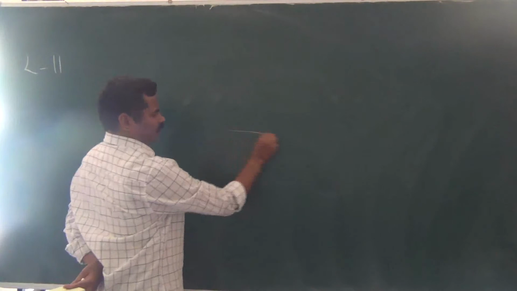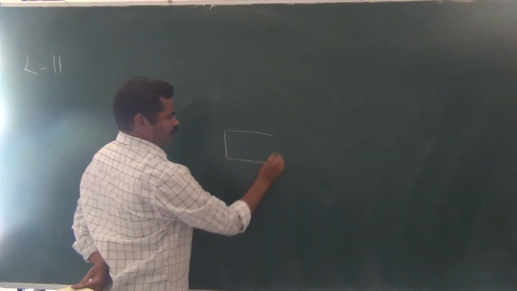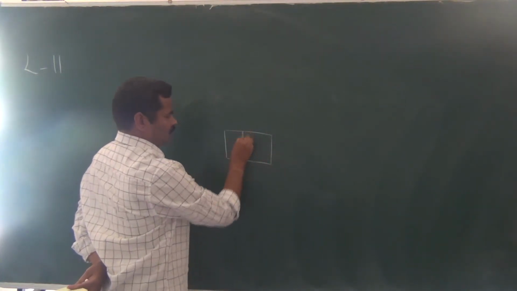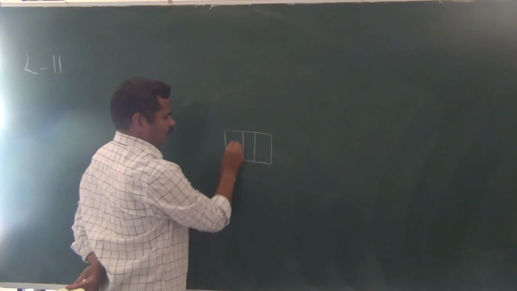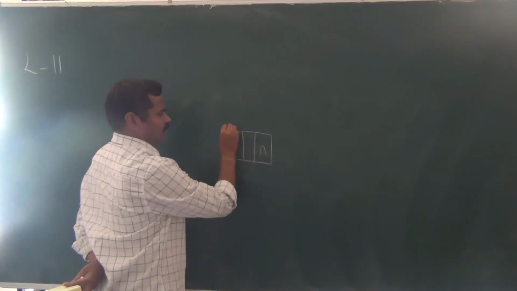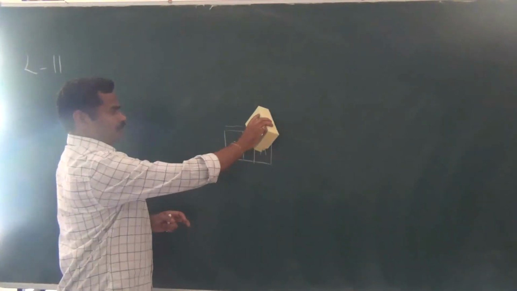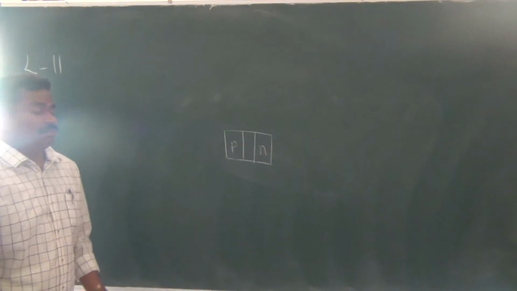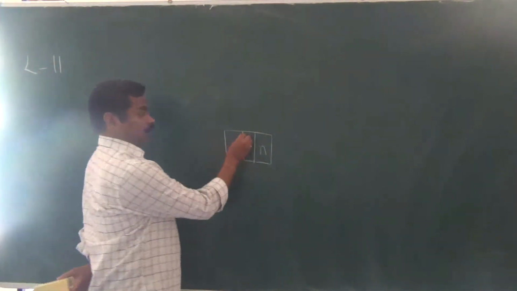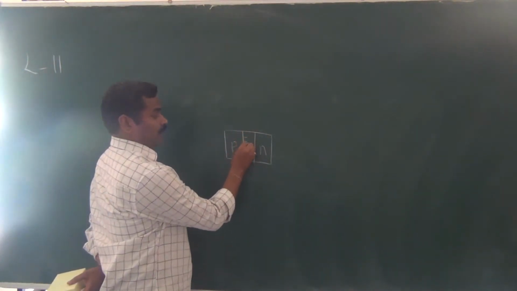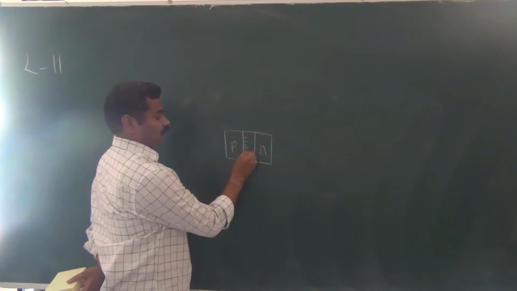Here you have a P-type semiconductor and an N-type semiconductor, and it contains a transparent glass window, because here you have a depletion layer.